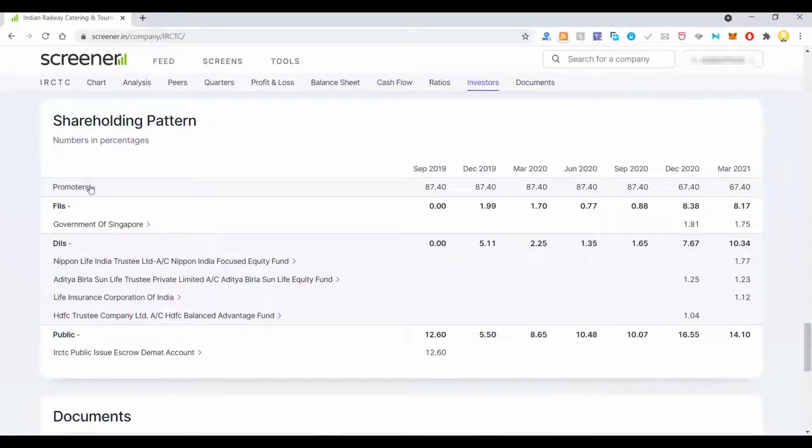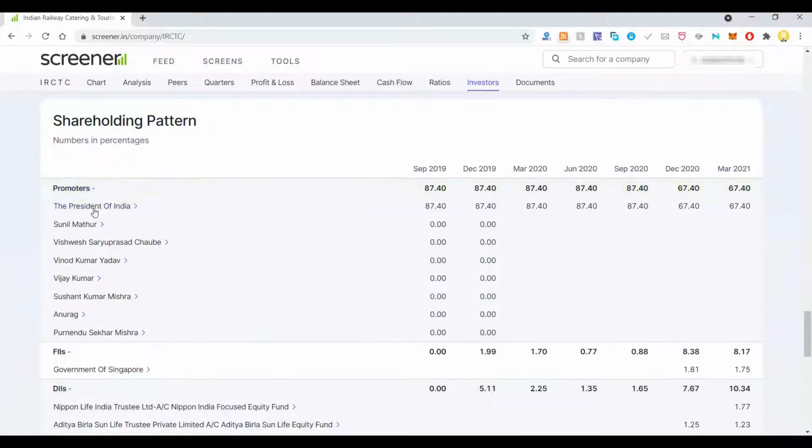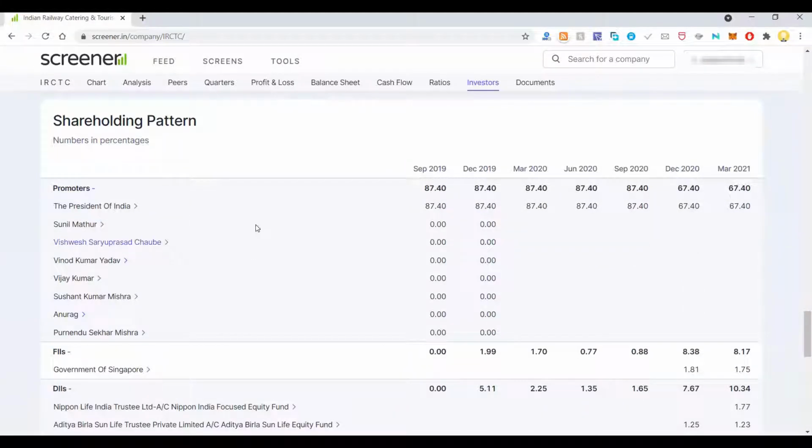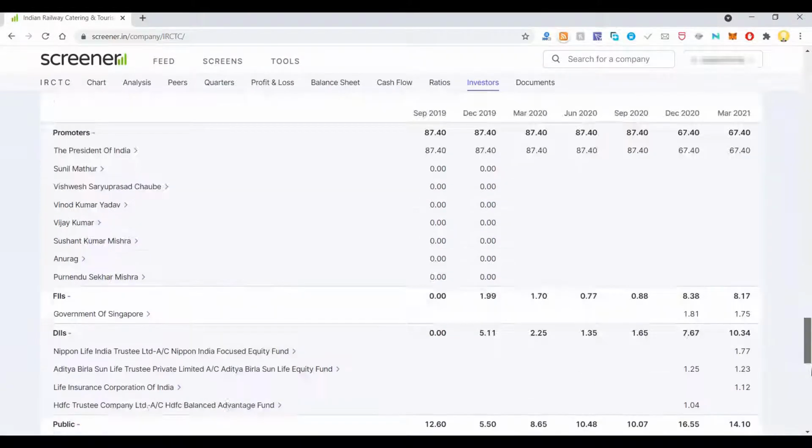So if you go to promoters, an interesting information that you see here, the President of India owns the 67.4% promoters kitty. So the major chunk of IRCTC shares is owned by the President of India.